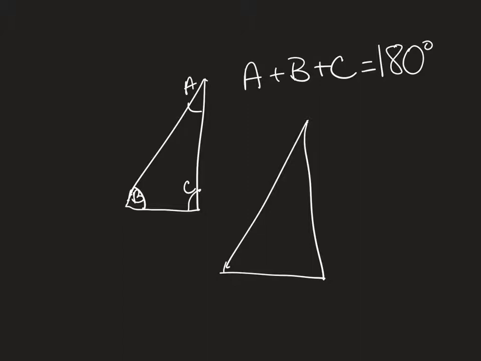So let me name them: angle A, B, C. You see how this little half circle is drawn there?